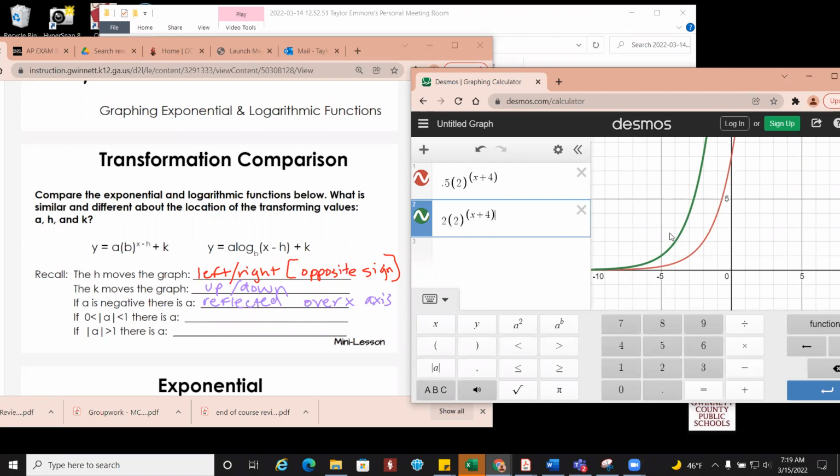It's farther away from the y-intercept, so did we stretch it or did we compress it? The green one, we stretched it. The red one, we compressed it, right? Okay, so if A is in between 0 and 1, there is a compression, or we're going to say shrink. You're going to see both of those words. If A is bigger than 1, then we're going to see a stretch.